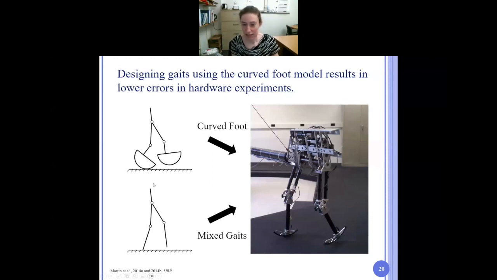I created gaits for the biped Ernie, and then I tested both of them on the exact same physical setup. And in this physical setup, Ernie had curved feet. And then what I did is I compared the errors between these 2 categories of models. What I would expect is the curved foot model should have lower errors because it is a better match to the experimental system.